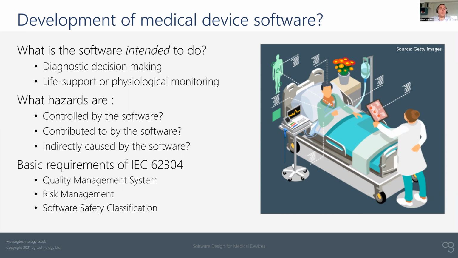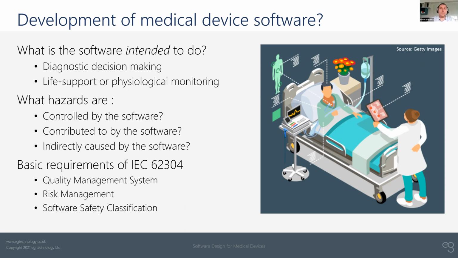The next step from there is to then think about the hazards that are controlled by the software. And so then you start delving down into the detail of the software itself. So not what the system does, but what does the software control? What are the risks that can be contributed to by the software itself, and maybe directly, indirectly caused by the software?